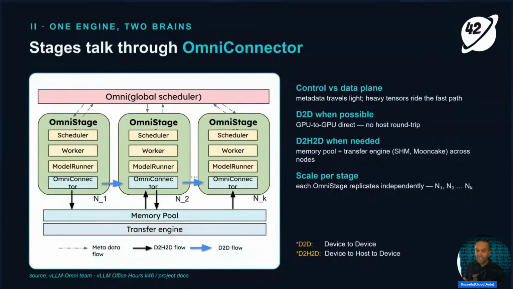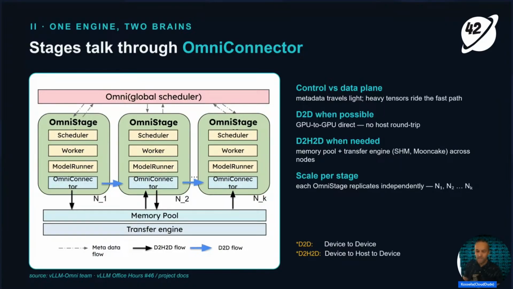And lastly, the very big difference for scaling here is that every stage replicates independently, right? So if you notice a bottleneck on a stage, you can just scale it out. You don't see that in every other LLM engine, even in vLLM.